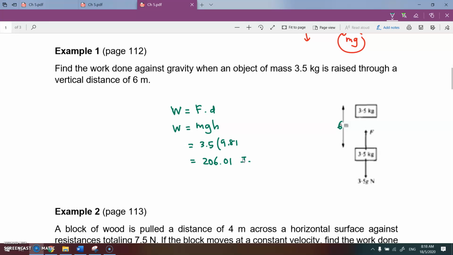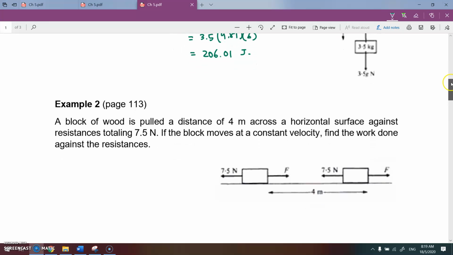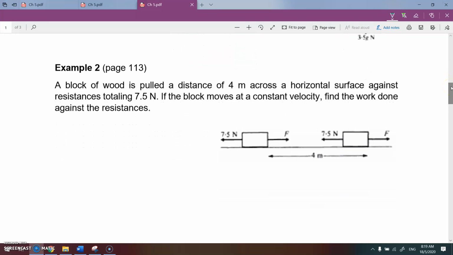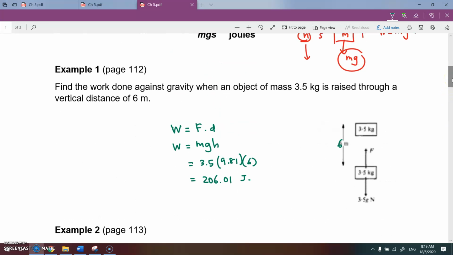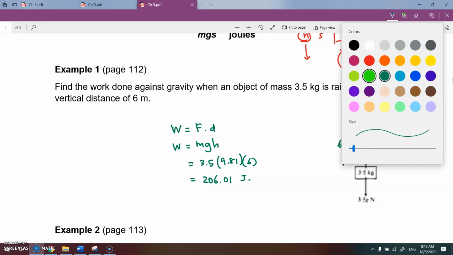We move on to example 2. This object is moving horizontally. A block of wood is pulled a distance of 4 meters across a horizontal surface against resistance totaling 7.5 newtons. If the block moves at a constant velocity, find the work done against the resistance. If you notice, we use the word against here. Against means berlawanan.